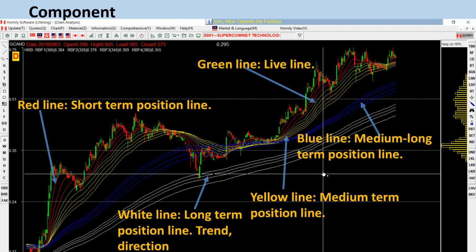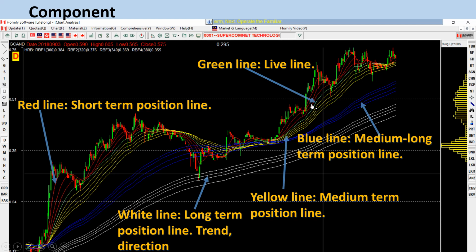And next one is the blue line. It's very obvious here. The blue line means the median long-term position line, and the yellow line means the median term position line. And here, the red line means the short-term position line.